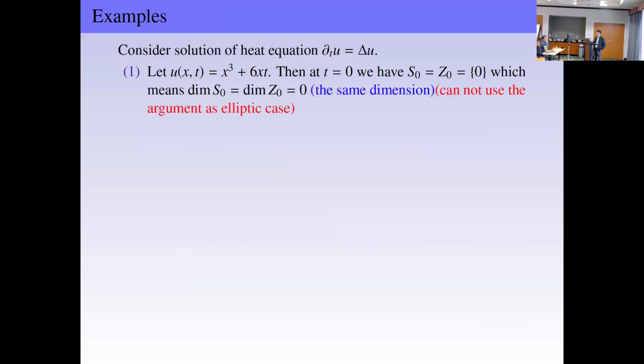That means we cannot use the argument of the elliptic case, since the degenerate part has the same dimension as the nodal set. If we want to study the nodal set at a time slice, we need some new argument, not the standard elliptic one.